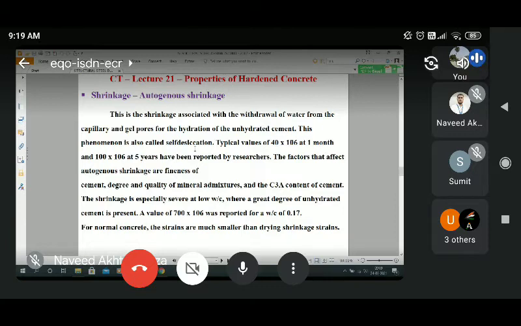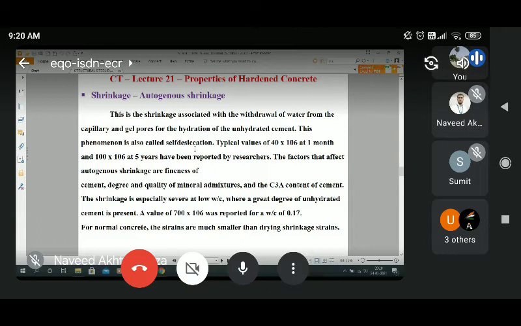The factors that affect autogenous shrinkage are the fineness of cement, the degree and quality of mineral admixture, and the tricalcium aluminate content in the cement. The shrinkage is especially severe at a low water to cement ratio, because a great degree of unhydrated cement is present when the water content is less, and unhydrated cement particles are available in the concrete mass.